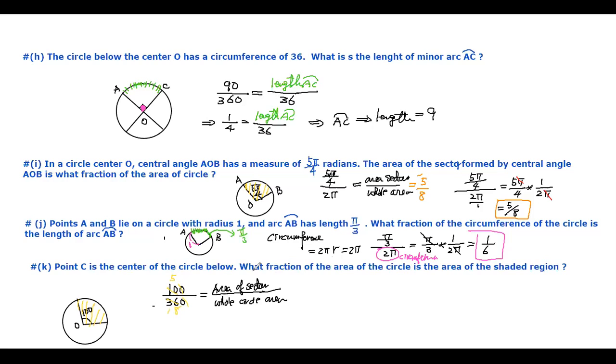Okay, so our answer here is 5 over 18, right? That means if you have a 100 degrees angle, then the area of this yellow sector compared to the whole circle is 5 of 18 of the whole circle, right? So that's the rule we talked about before.